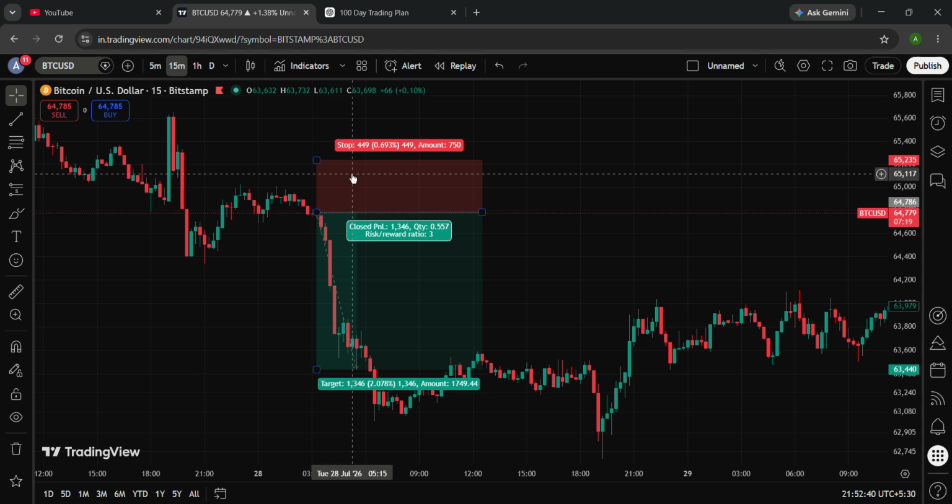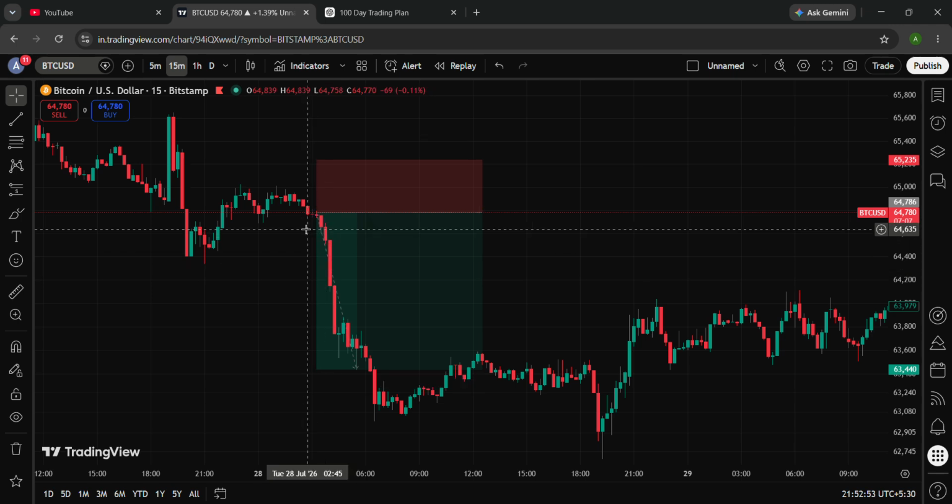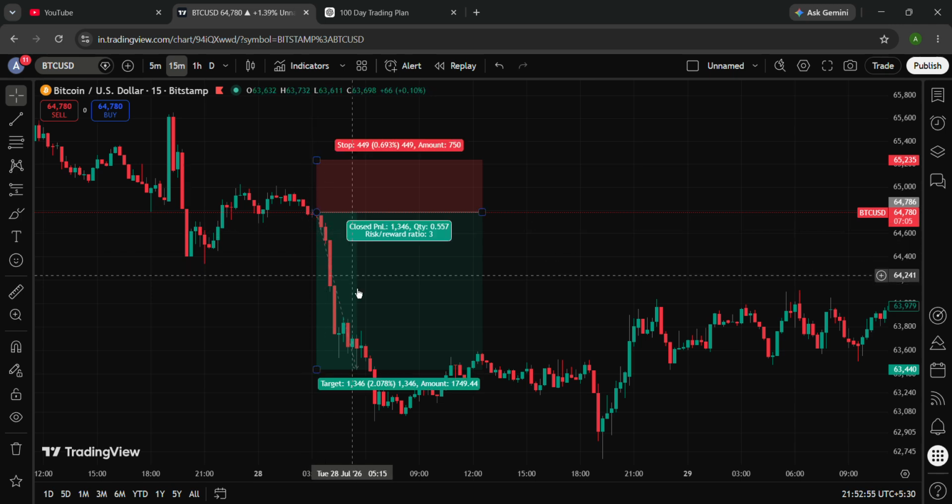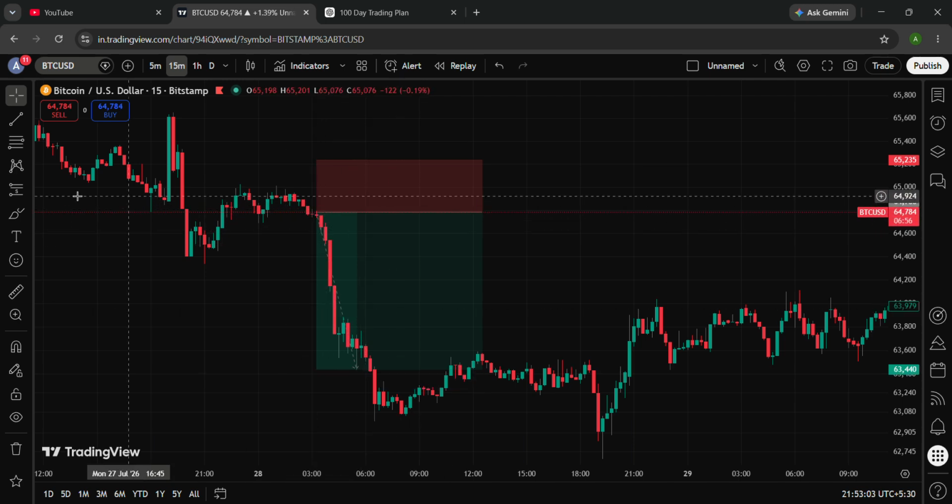If the price goes upward, against my direction, then I will lose 1 rupee. On the contrary, if the price goes downward as per my analysis and my trade, as I'm doing a sell side trade first, then it hits my 3 rupees. That is exactly what the risk to reward ratio shows.